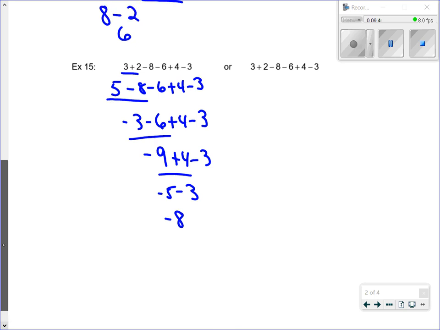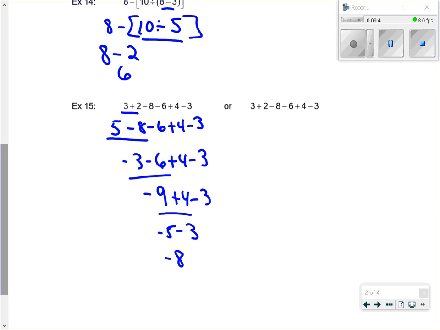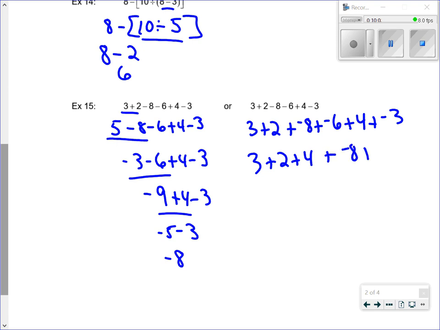Okay. One way that can be a little bit shorter is if you think about all those minuses as plus negatives. And then if you gather all your positives in the front and all your negatives in the back, you can add all three of your positive numbers together in one big step. 3 plus 2 is 5. 5 plus 4 is 9.